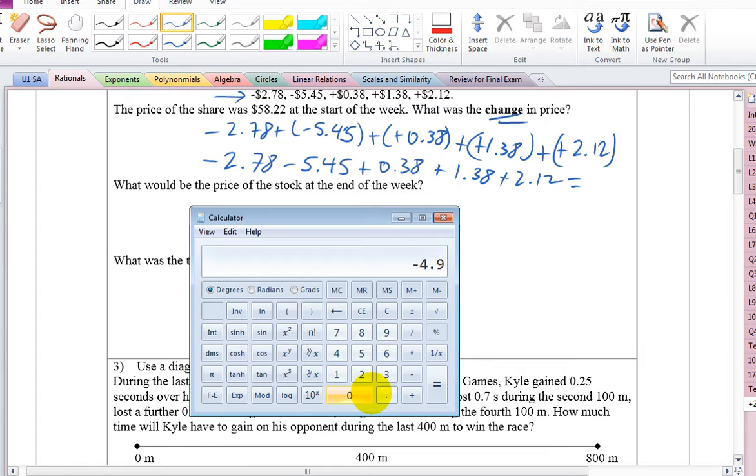Share your answer. Share your answer. Yes, Emma? I got negative 4.35. Negative 4.35. Got 1 point something? Yeah. Okay. Check your sign right here, Sandra.